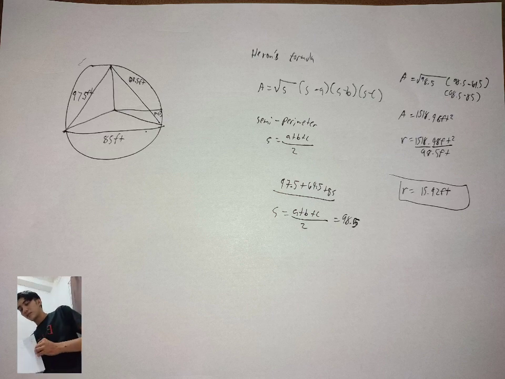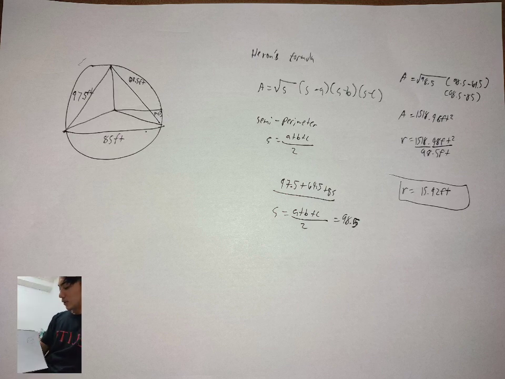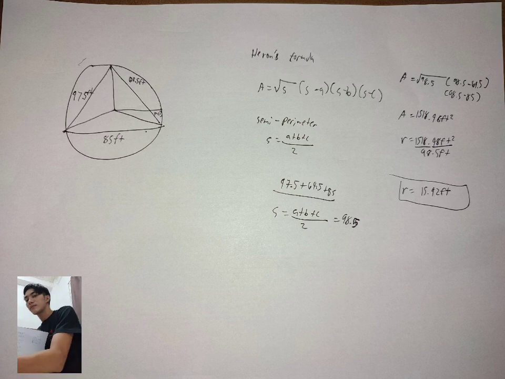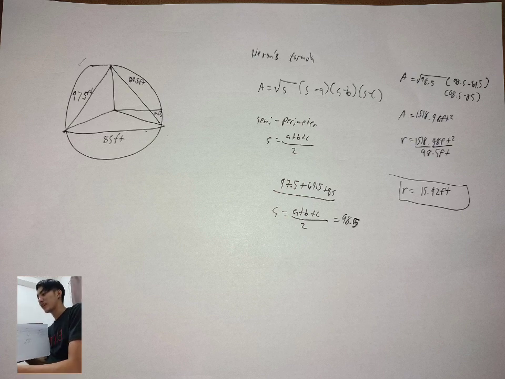So for the last question, the last problem: the sides of a triangular grass plot are 47.5, 64.5 and 85 feet respectively.